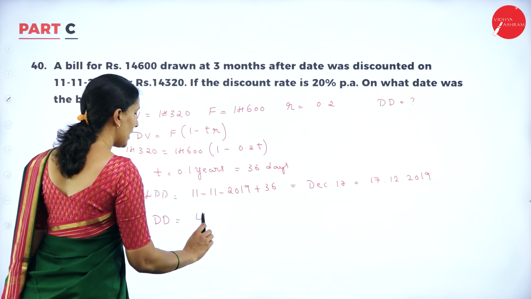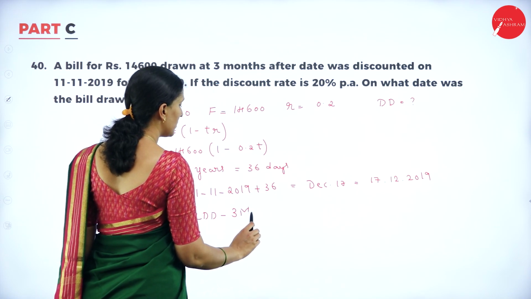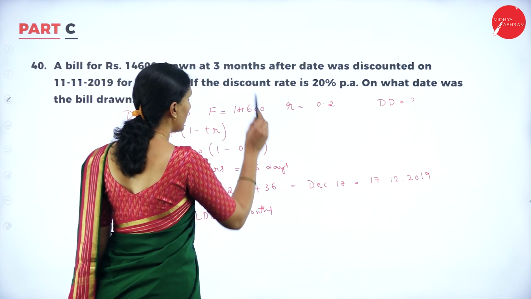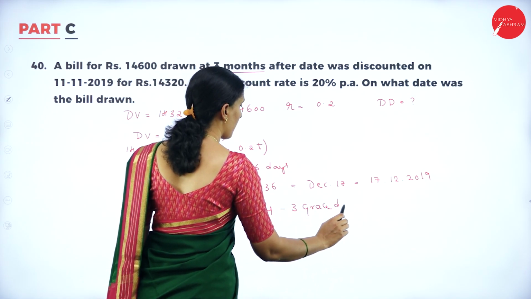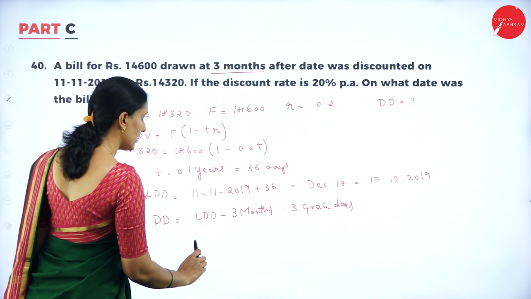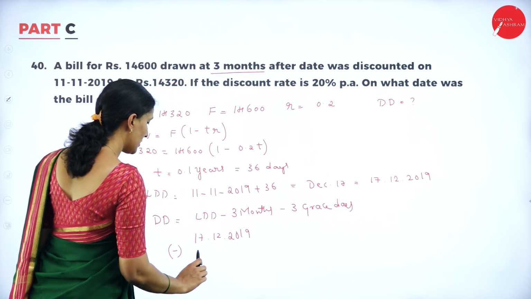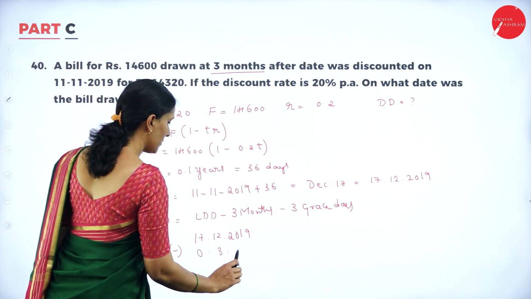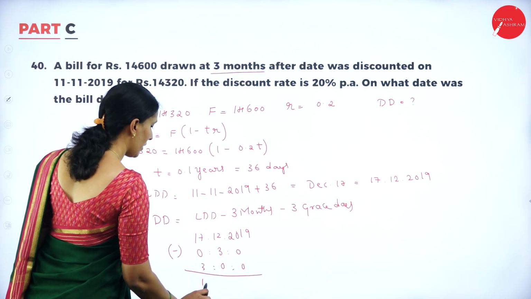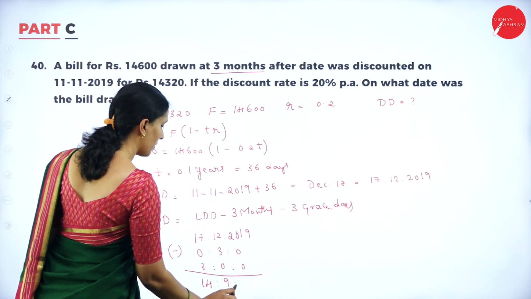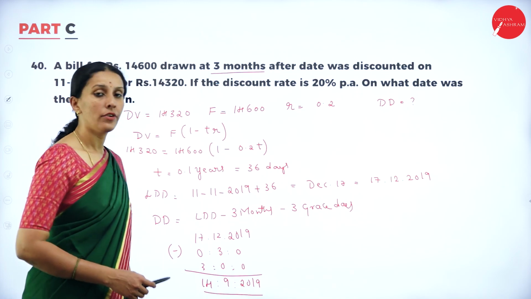Date of drawing is LDD minus 3 months, because the bill period is given as 3 months, minus 3 grace days. So that is 17/12/2019 minus 3 months, and minus 3 days, so we will get 14/9/2019. This is the date of drawing.